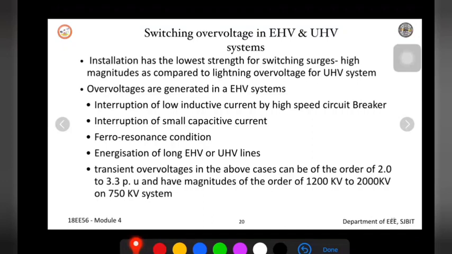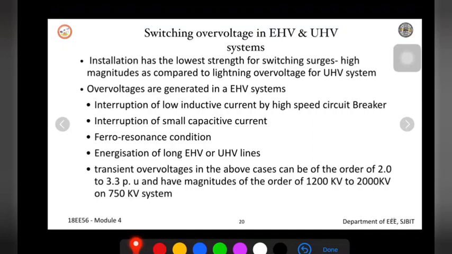The charge will be stored, and this internal energy will get discharged in the form of electrostatic energy in a capacitor or electromagnetic energy in an inductor, right? Because of this, there are different situations where over voltage will be generated within an extra high voltage system. The first one is interruption of low inductive current by a high speed circuit breaker.